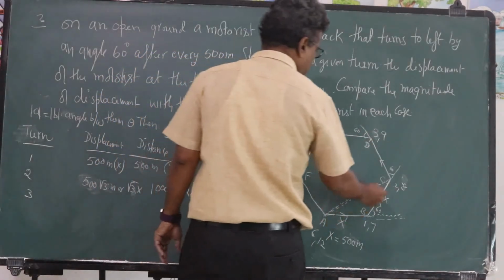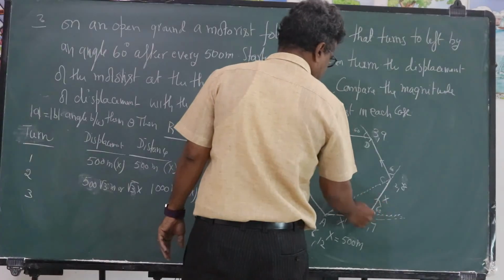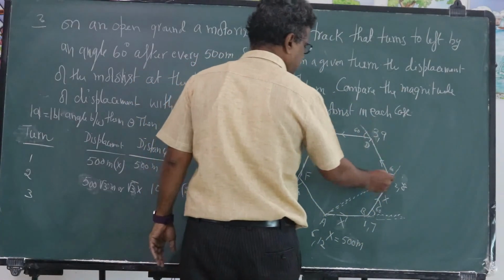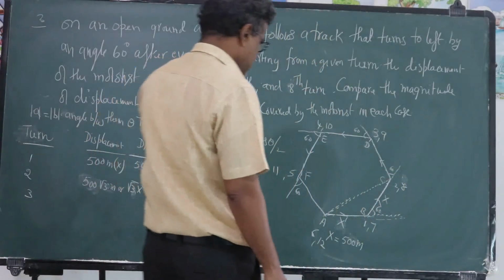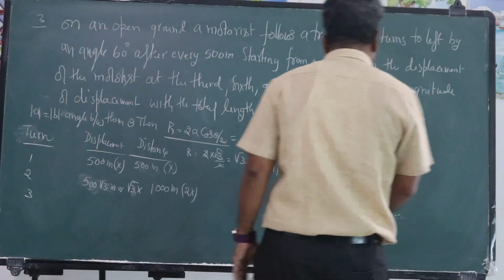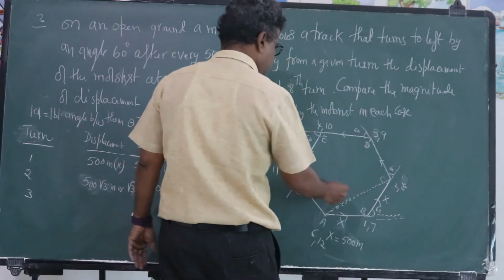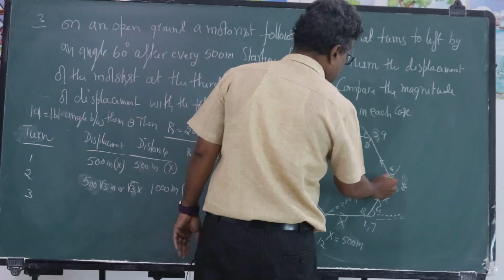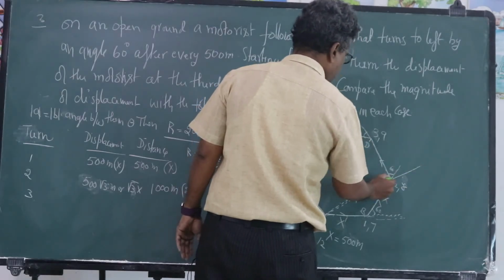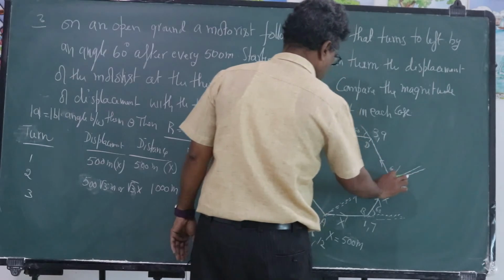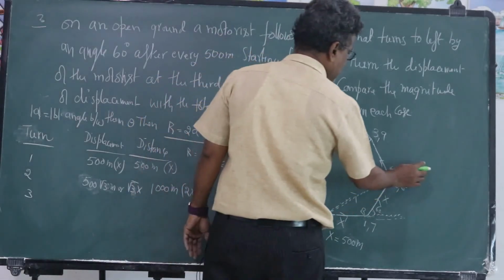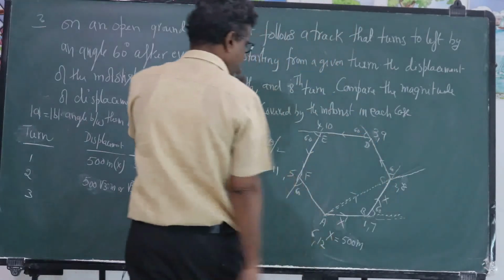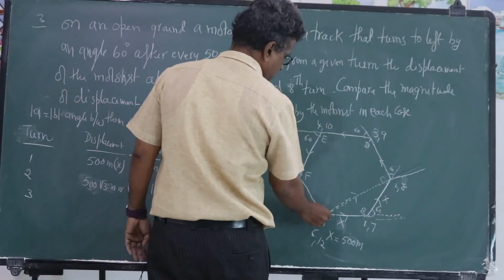You have to add this vector to this resultant. It has magnitude root 3x. I will extend this one. You have to add this one, so 60 degrees.